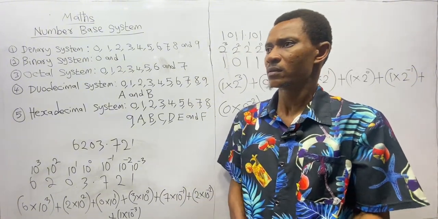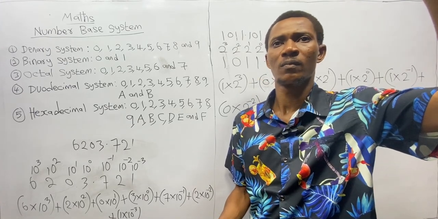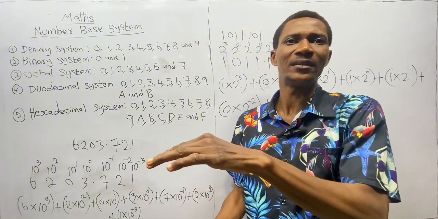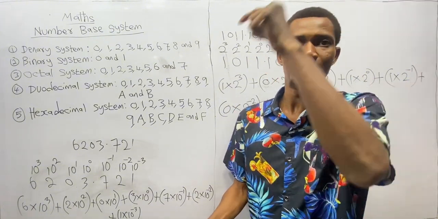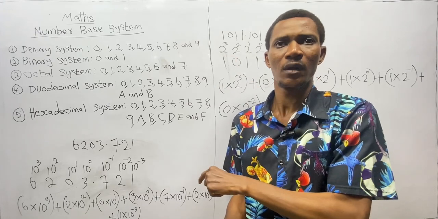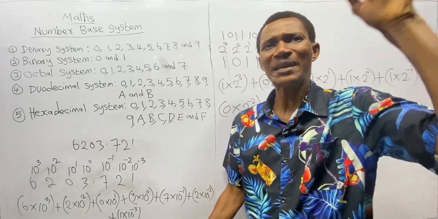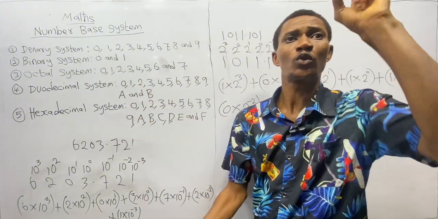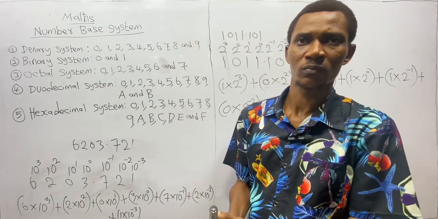That means the highest digit of a number in base 10 will be 9, which is 1 less than the base number, 10. Also, the highest digit in base 2 will be 1, which is 1 less than the base number 2.